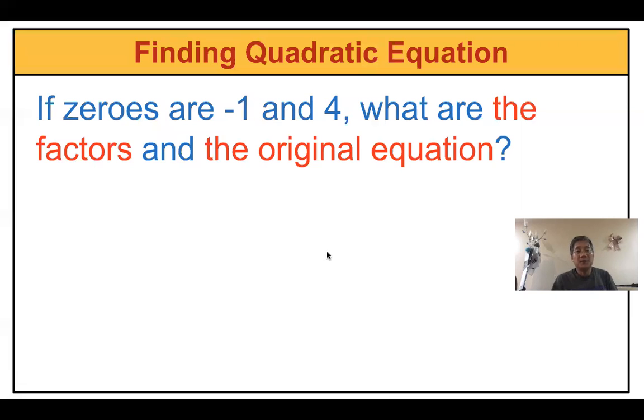So if the zeros are -1 and 4, you have two integer zeros. Then what are the factors? And how do you find the original equation? So you remember how to find a factor from the zero, right? Because you learned Kim's method. If x is -1 and x is 4, first let's work with -1.